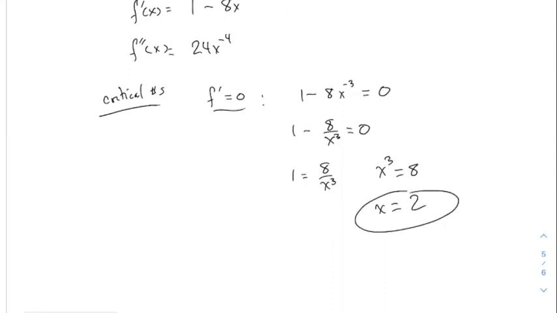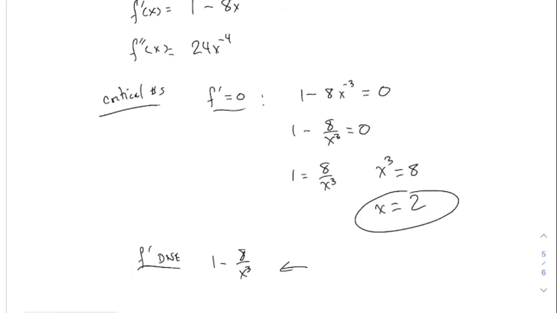We should also check when f prime does not exist. This is only important when there are denominators on the scene, and I think there are denominators in this case. The first derivative was 1 minus 8 over x cubed, writing it again as a fraction. So what's my critical number from this step? What value of x makes the denominator 0?